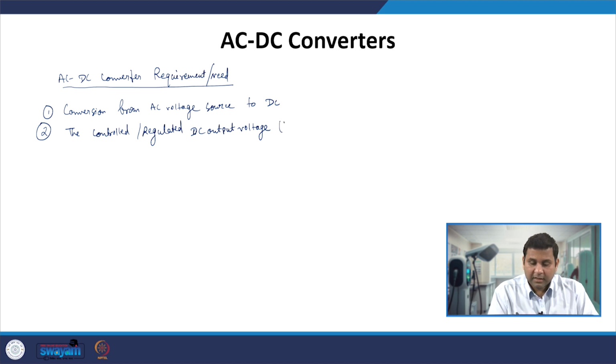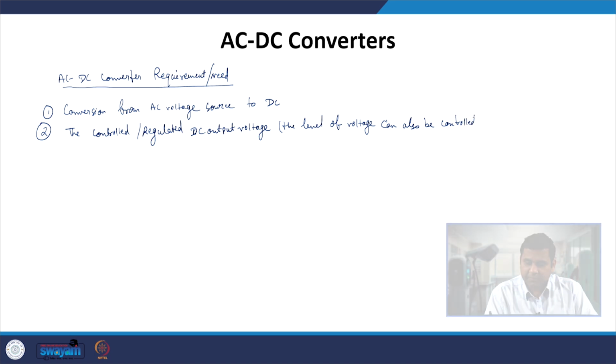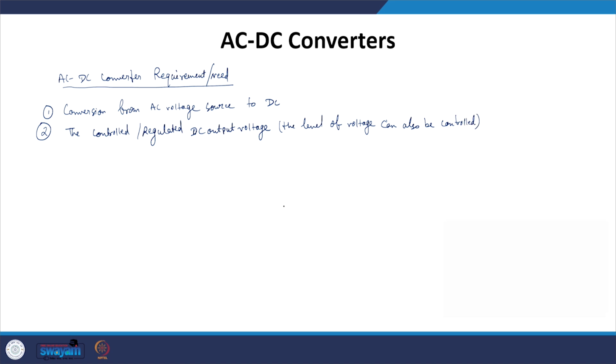You also want the level of voltage to be controlled. That means, let us say I want to go for 450 volts, so at a desired level the voltage can be controlled. So, a controlled and regulated DC output voltage at the desired level, maybe that could be a much simpler way of writing it.